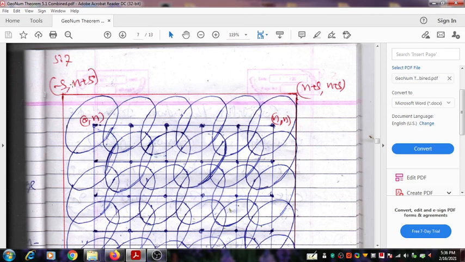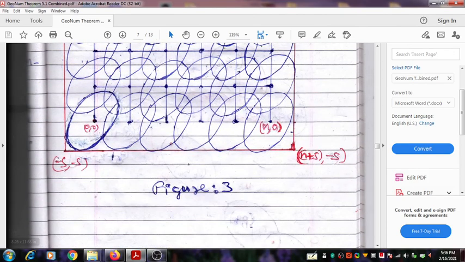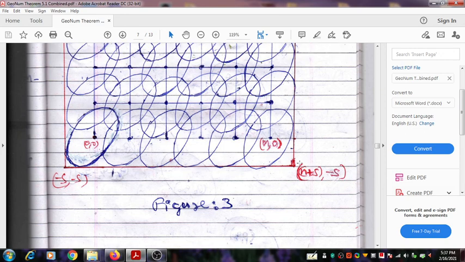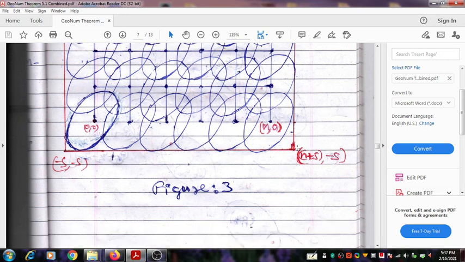You can write the coordinates of the vertices of the new red square as minus S comma n plus S, and here you have n plus S and n plus S, and at the bottom, since here you have S, 0, 0, and we take S units to the left, we get minus S here, and since we go S units downwards, we get minus S here. So you get minus S, and here the coordinates are n plus S comma minus S.